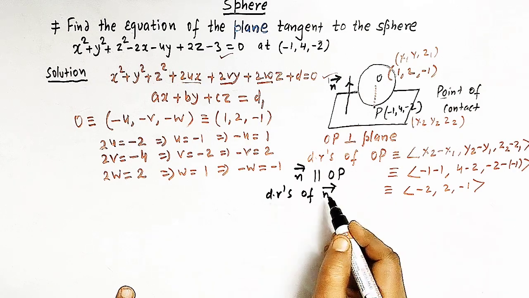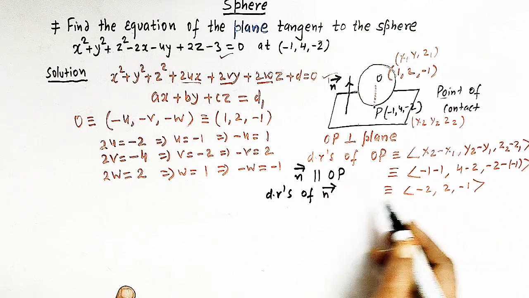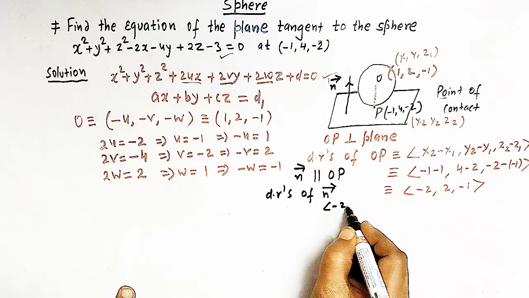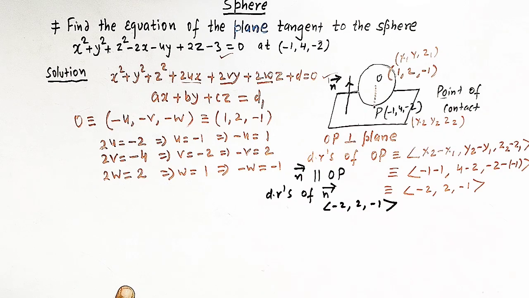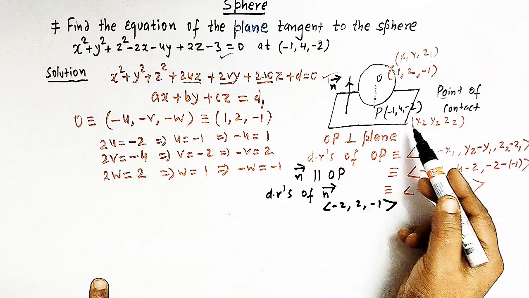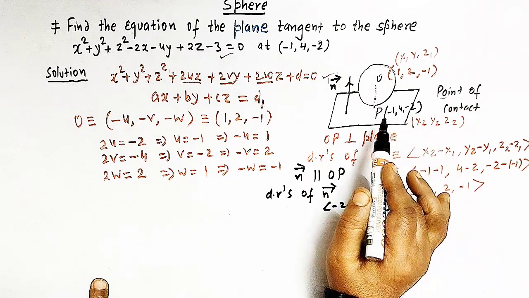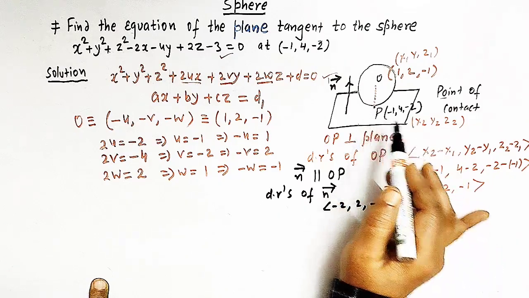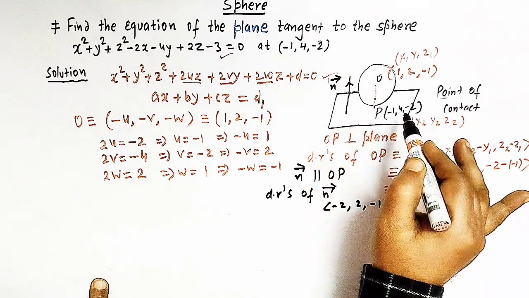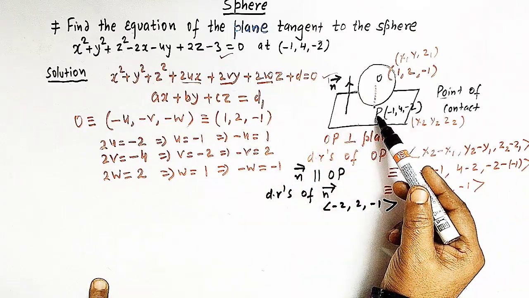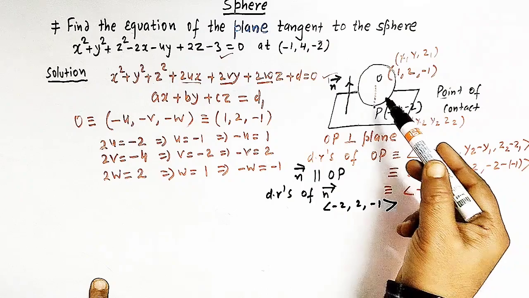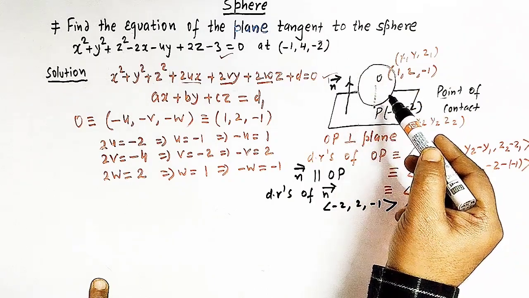So the direction ratios of vector n may be taken as minus 2, 2 and minus 1, right? So now we are in a position to find out the equation of this tangent plane, because we know a point P which lies on this plane, right? And it is important to note that this point P also lies on this sphere, right?